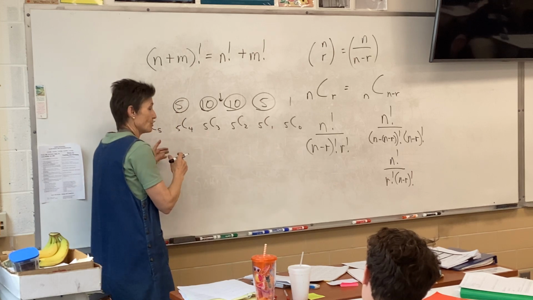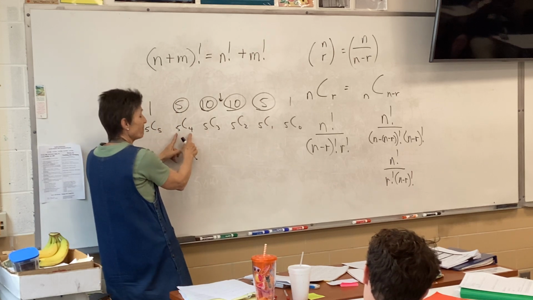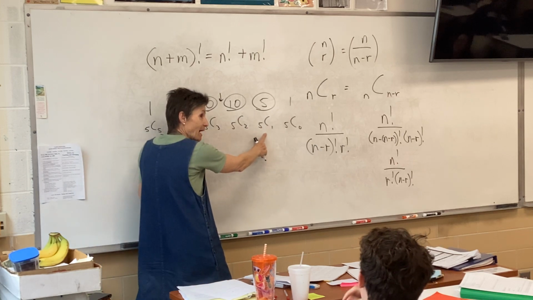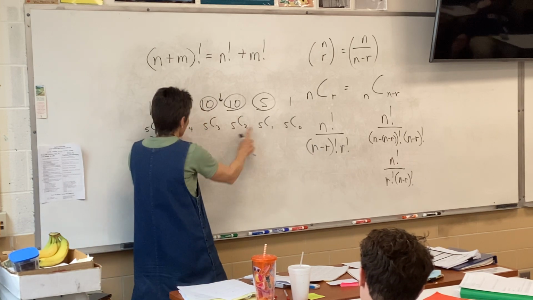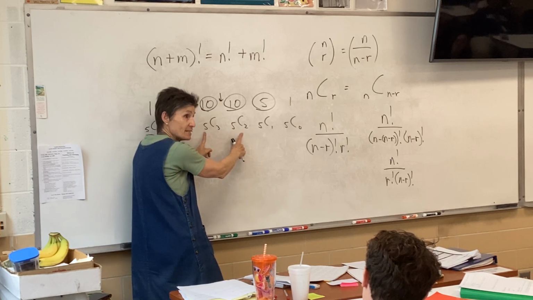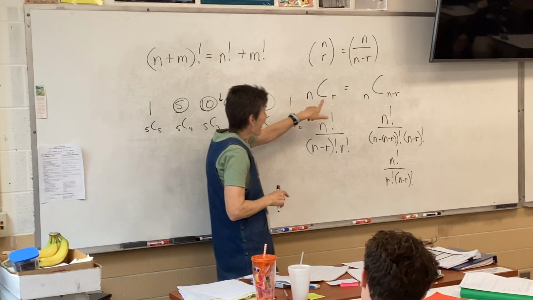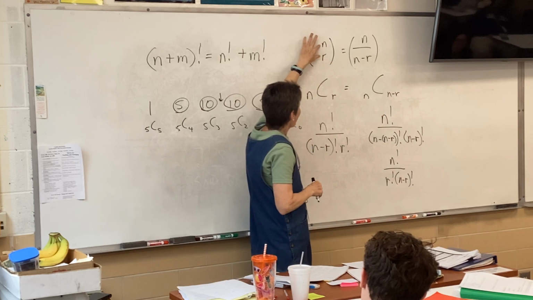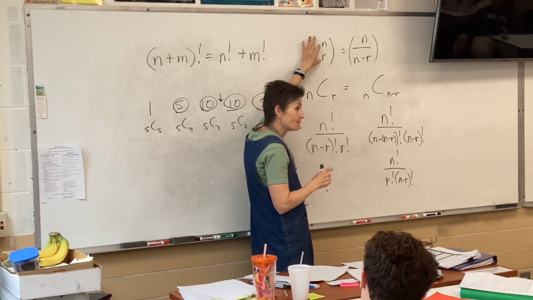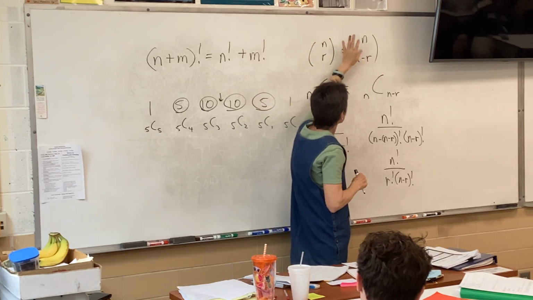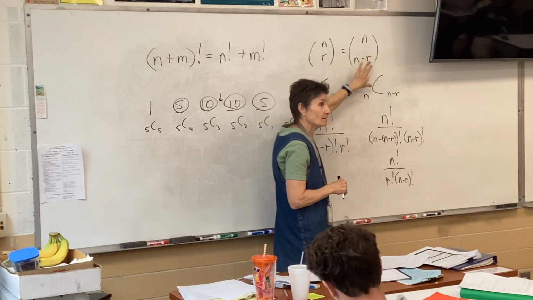So in other words, 5C4 matches 5C1, and 5C3 matches 5C2. That's exactly what this is saying. If this is 5 and this is 2, then this is going to be 5 and this is going to be 3.